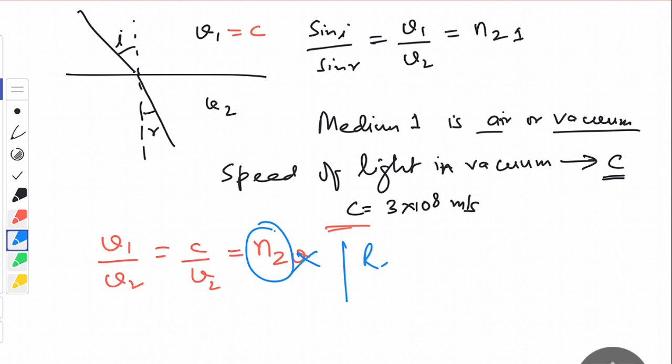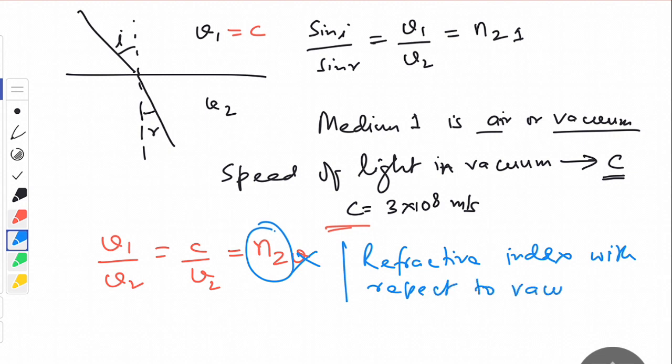Refractive index with respect to vacuum is just called refractive index. We don't say "with respect to vacuum", just refractive index.